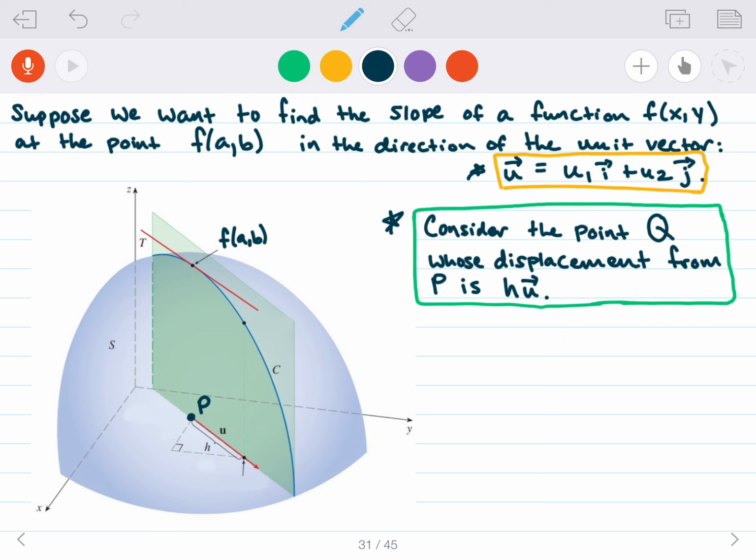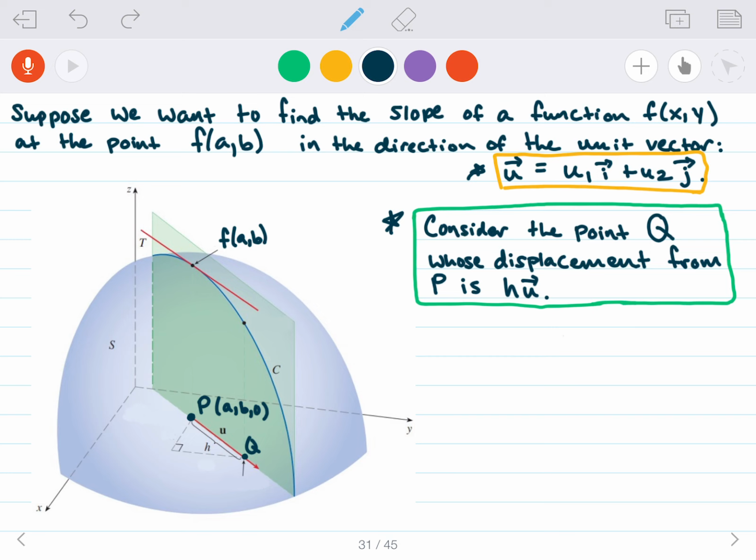So here we have P, and P is at (a, b, 0), because it's on the xy plane, and it's straight down from this point. And let's say that this point right here is Q, and that Q is going to be hu away from P.